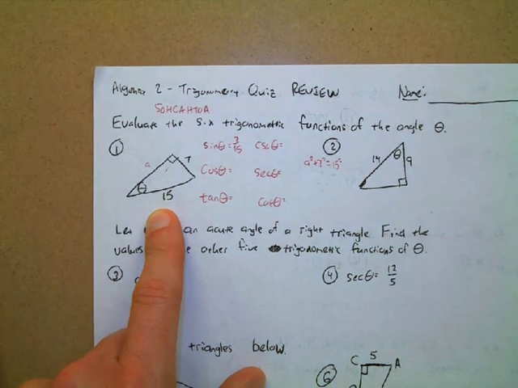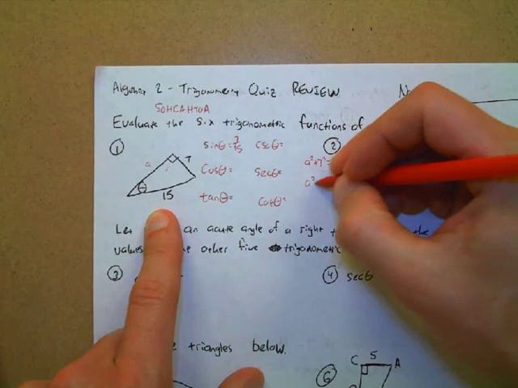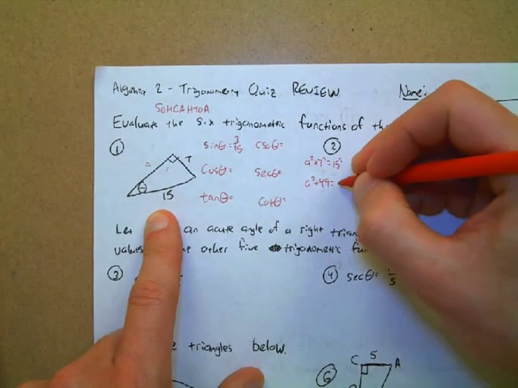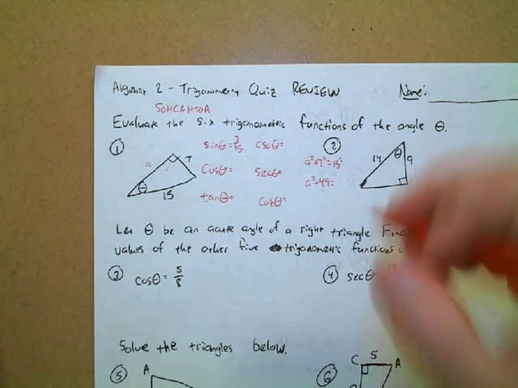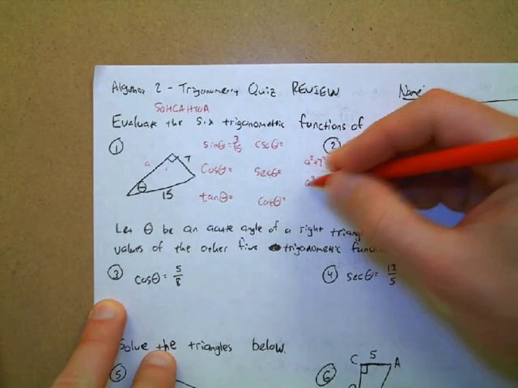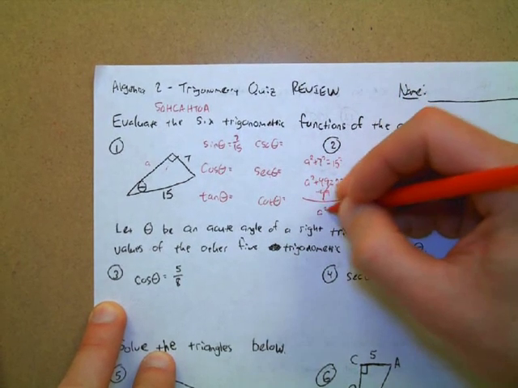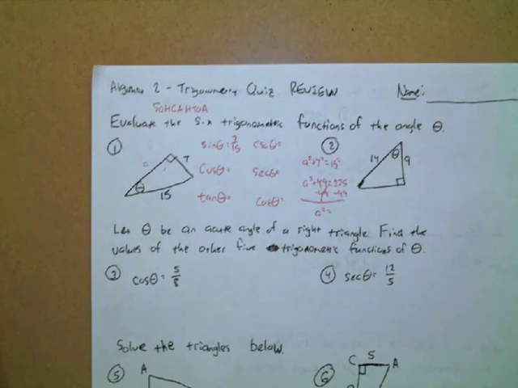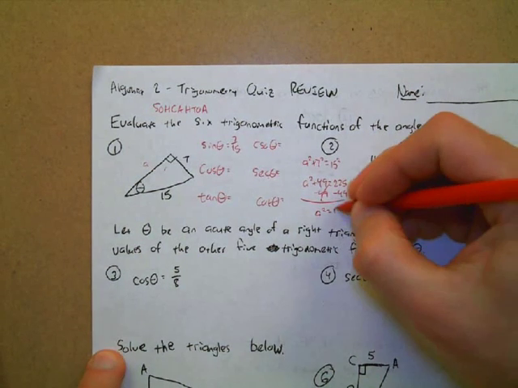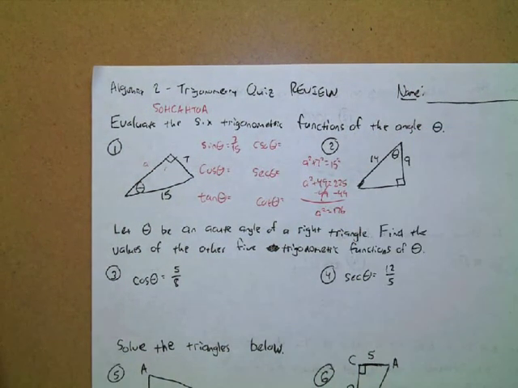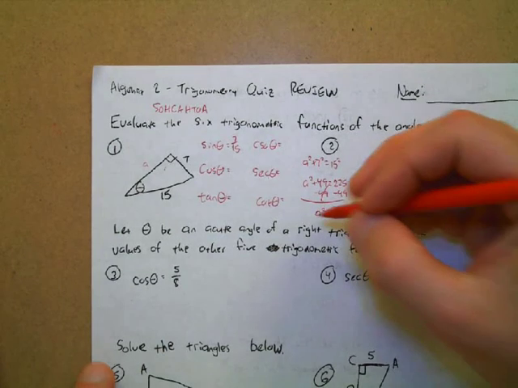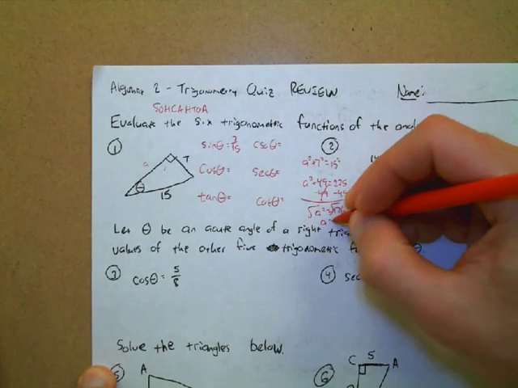So a squared plus 49 equals 225. Subtract 49 from both sides. You get a squared equals 176. Square root both sides. It's about 13.2, or 13.3 when I round up.